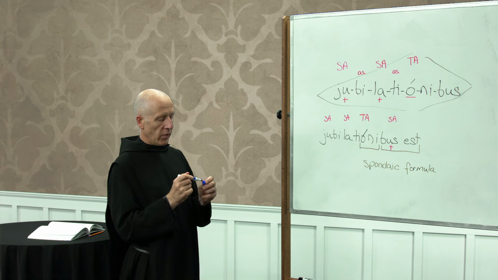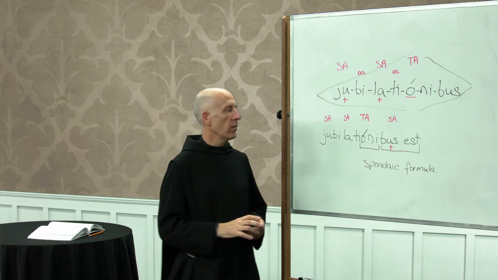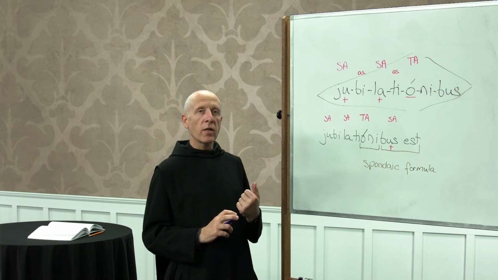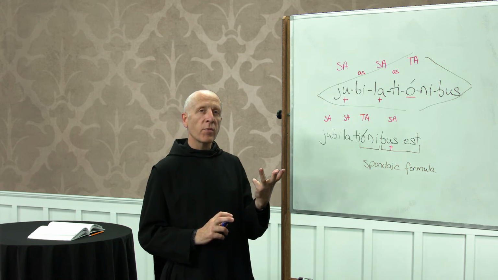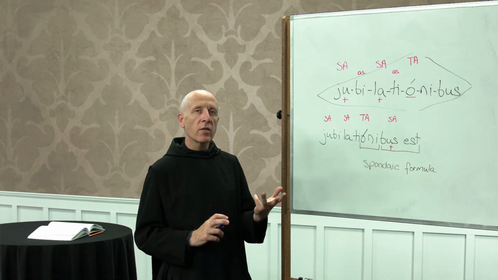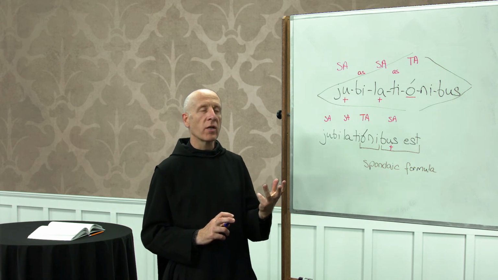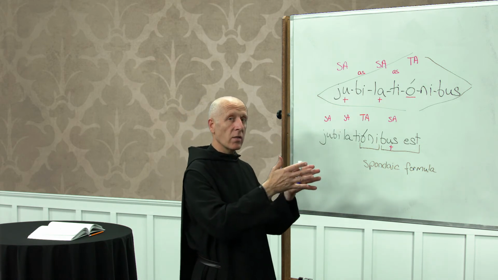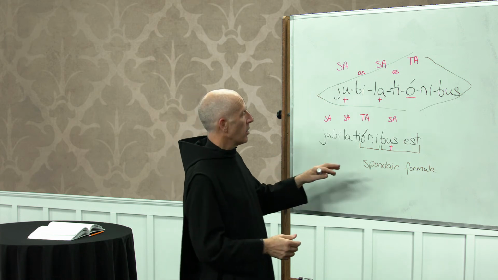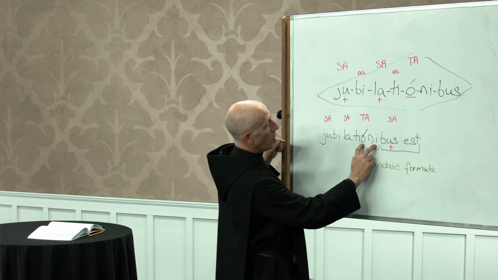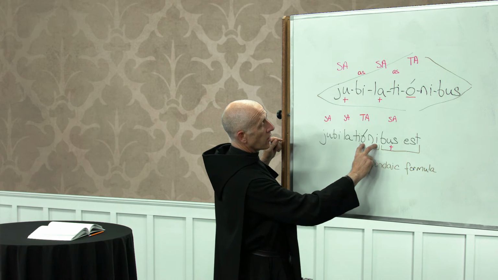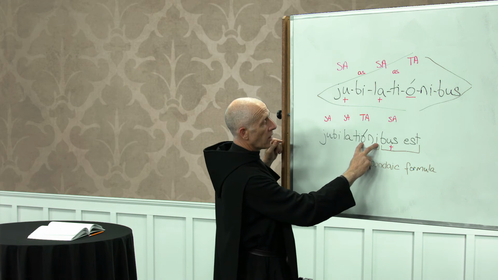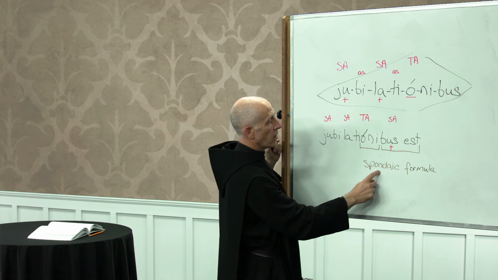See, a spondaic formula is not a spondee. It's something that feels like a spondee, but lacks the integrity of a spondee. A real spondee is a full word, has a tonic accent, and one syllable afterwards. Now see, here oni does not complete the word. So this is a deficient, if you like, group, and so we call it a spondaic formula.